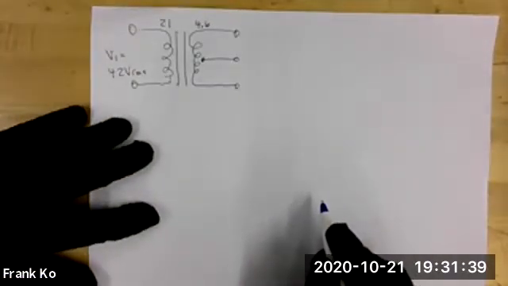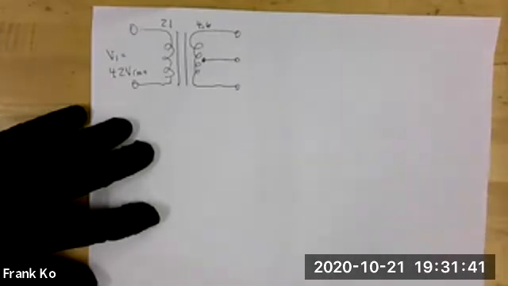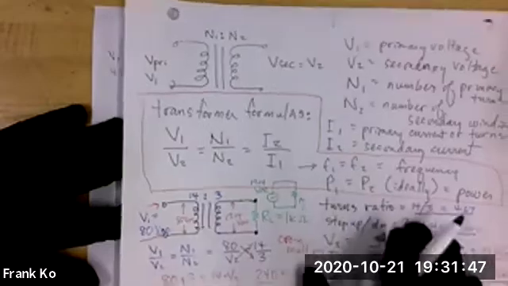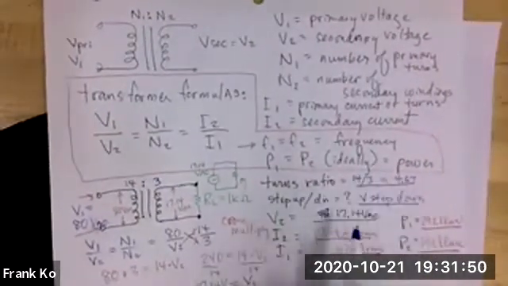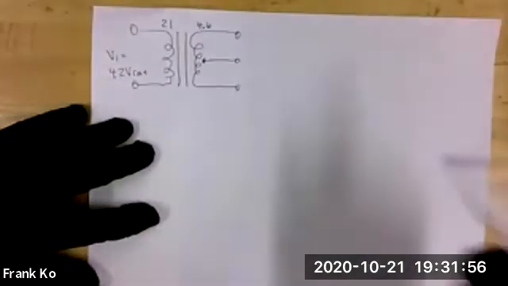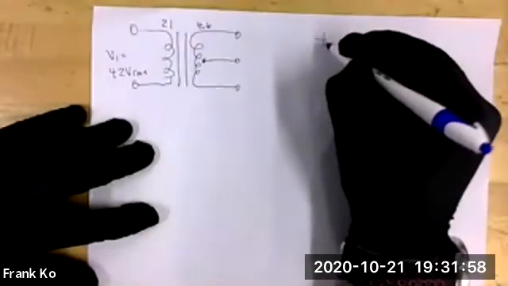In the initial analysis, we were looking for you to verify your turns ratio and determine whether it's voltage step up or step down. So let's start with turns ratio.